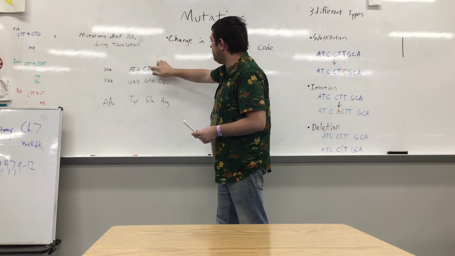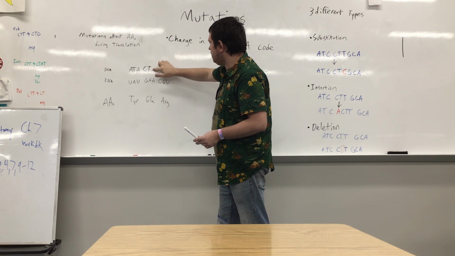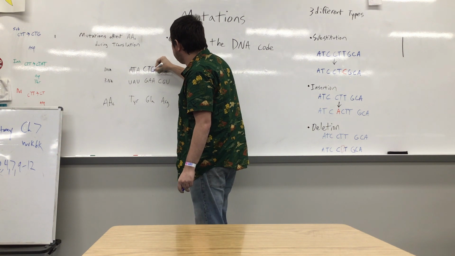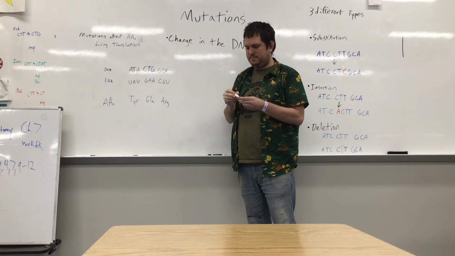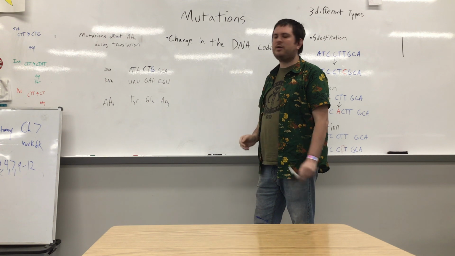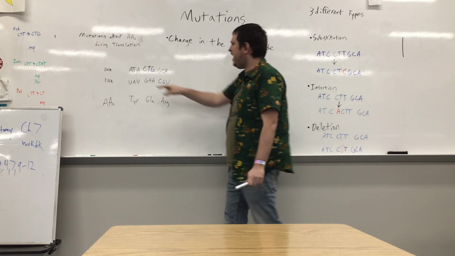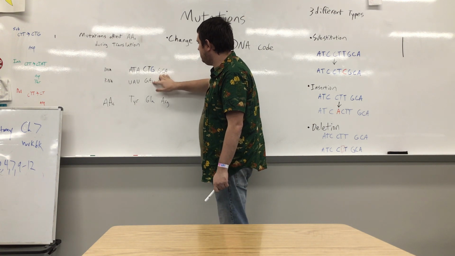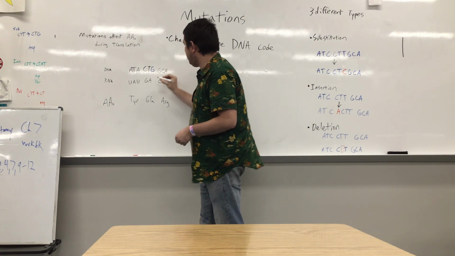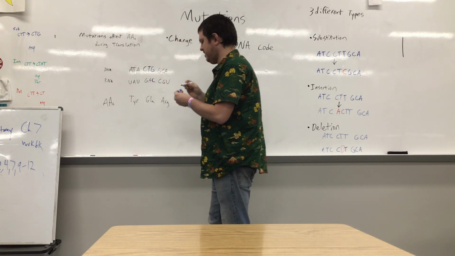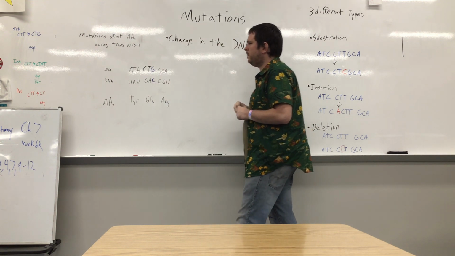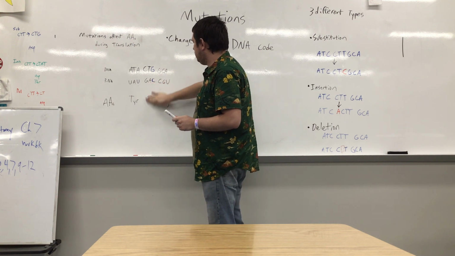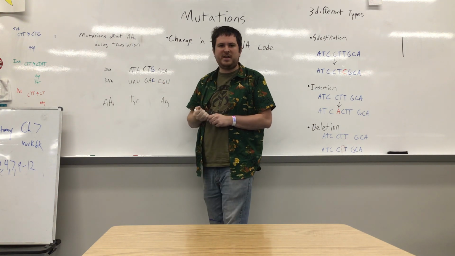Now, how the different mutations will affect stuff. First, substitution. We take CTT and turn it into CTG. We have switched one letter with another letter. That changes the RNA then, from GAA to GAC. And when we look at the amino acids, GAC does not code for glutamic acid.